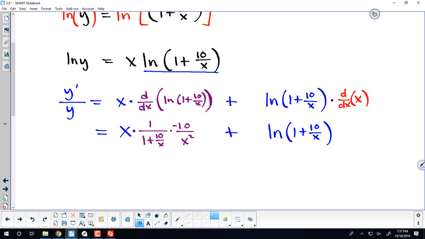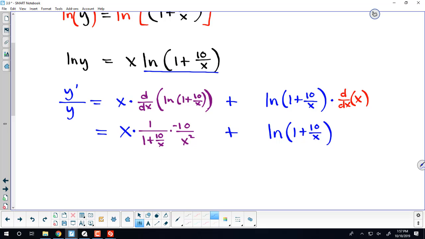So just keep in mind that that is still y prime over y. And so some of you just left it like this. You kind of didn't want to mess with the mess here on the first term, which I think is okay. But again, we can do a little better than what we have right there for that first term.